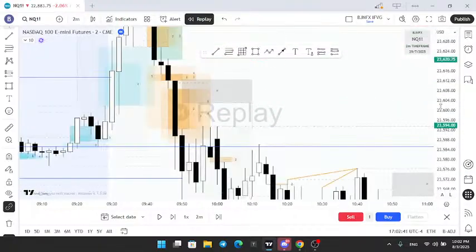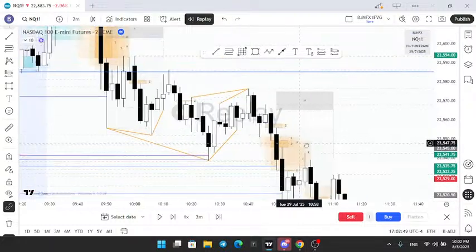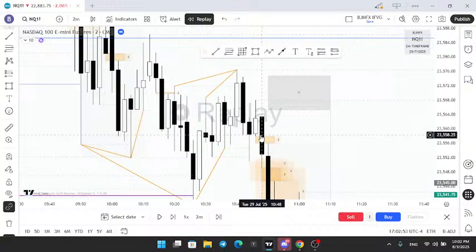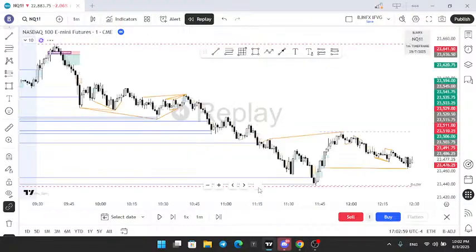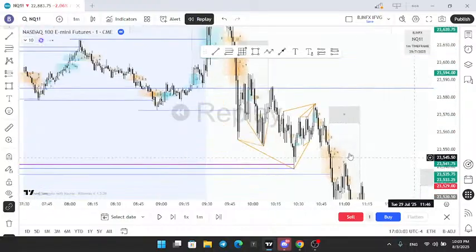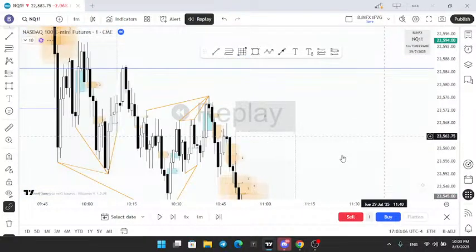The second setup was here, I think. Yeah, that was the second setup here.